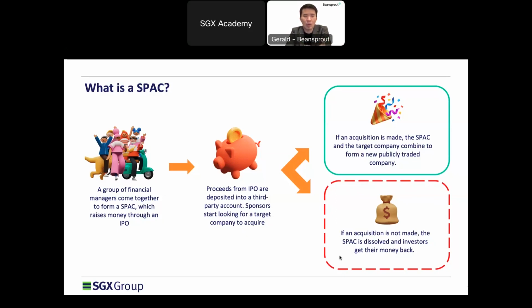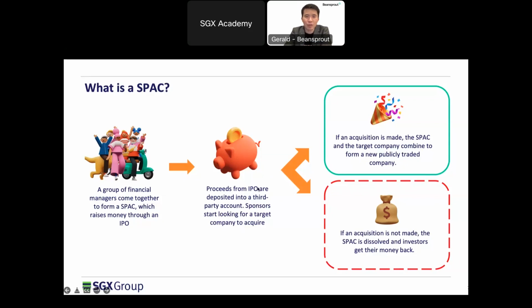Okay, so the whole idea behind a SPAC is that it allows retail investors like you and me to gain access to some of these high growth companies before they actually IPO, because by looking at the SPAC sponsors and which companies they can potentially acquire, we can actually get a piece of the company that the SPAC is looking to acquire.